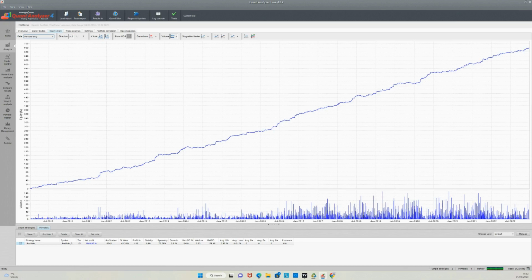We then trade gold against the dollar. This is obviously the price of gold against the US dollar, which again will move completely differently to how other markets move. So we're not just diversifying within forex, the currency market, we're also looking at metals. And then we go even further and look at UK oil.